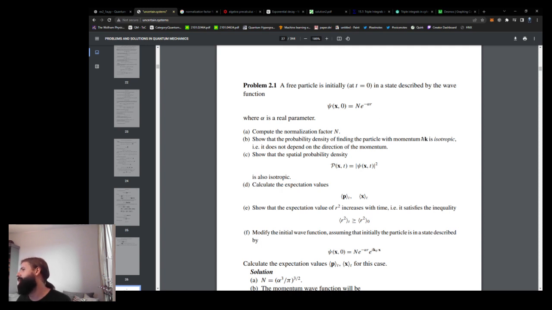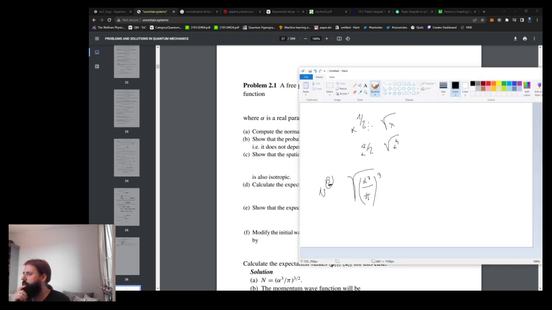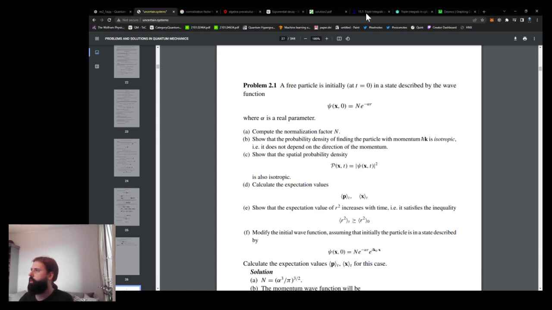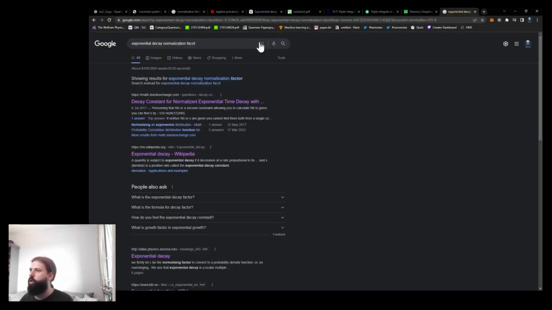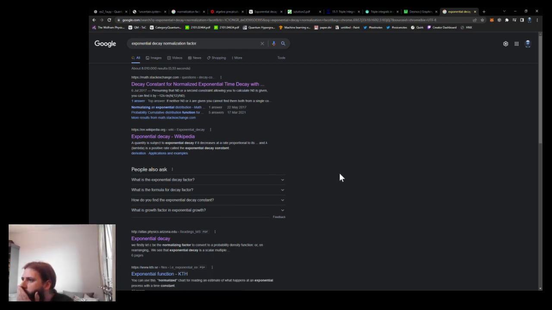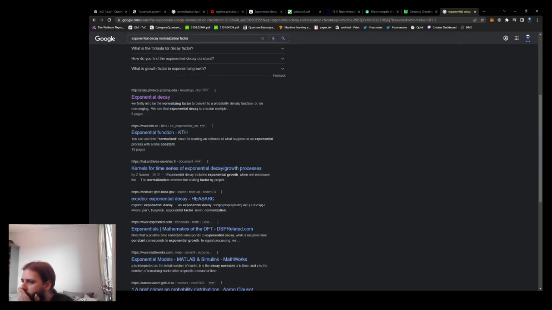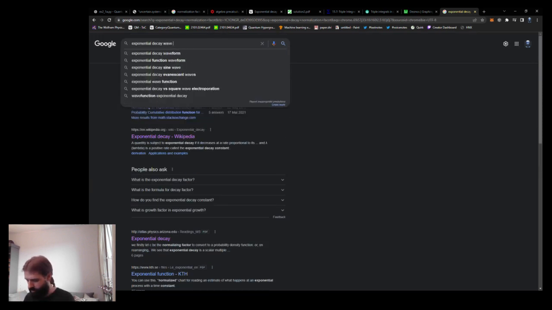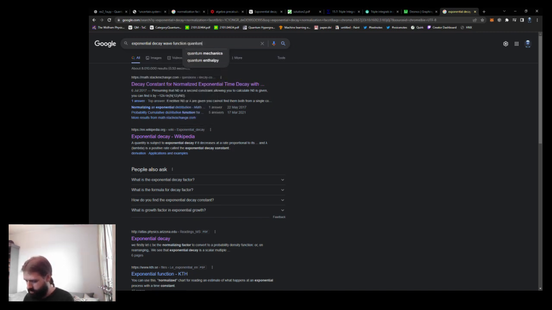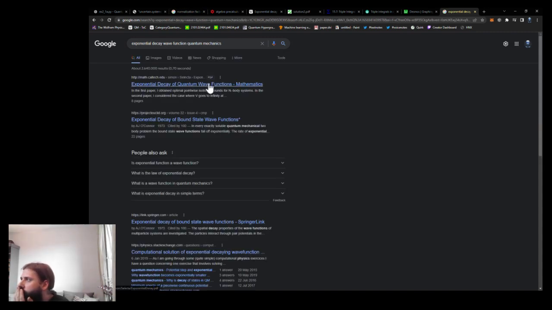But it doesn't have to be, because if it's an exponential decay, then it looks like, you know. It's probably not. Factor. Okay.